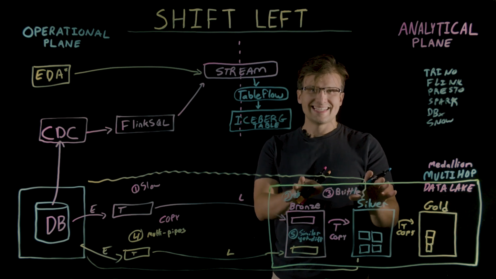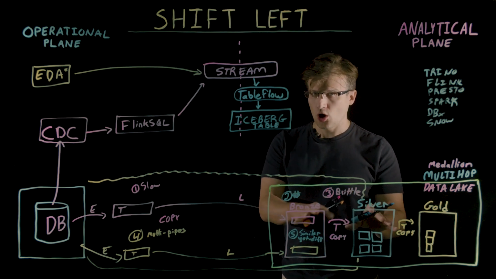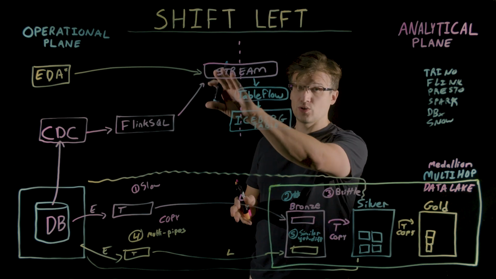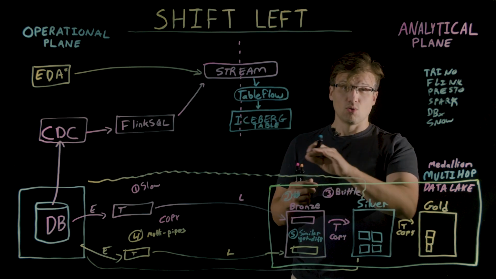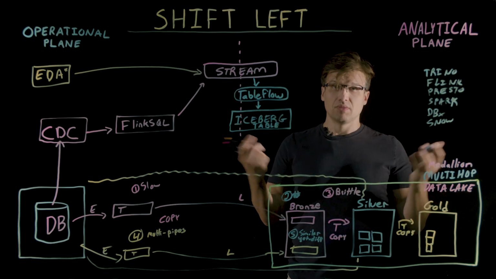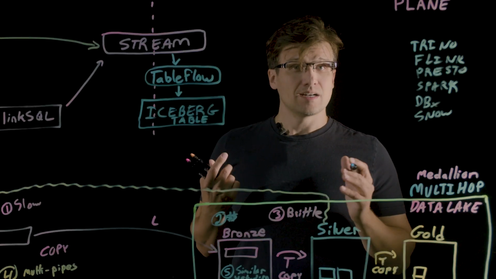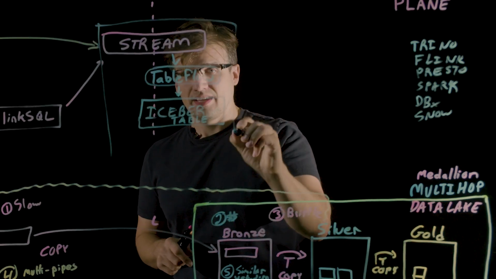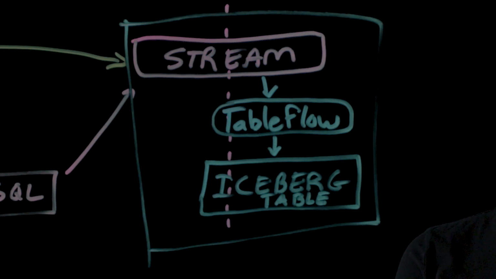By shifting the data cleanup and structuring that you're already doing downstream and to the left, you unlock both streams and tables for operations, analytics, and everything in between. As a data practitioner, you can access the data here in the Iceberg table with the same level of rigor, quality, and service level agreements that operations depends on via their stream.